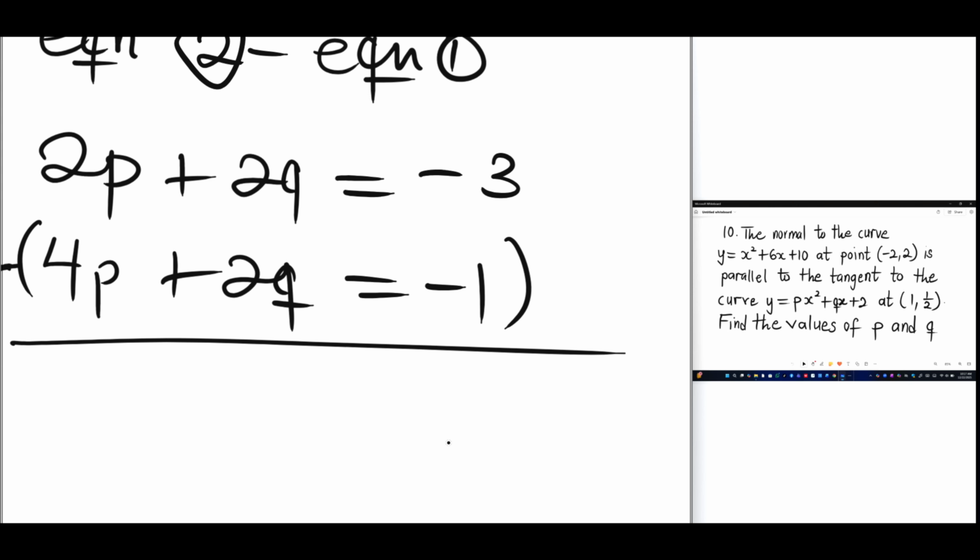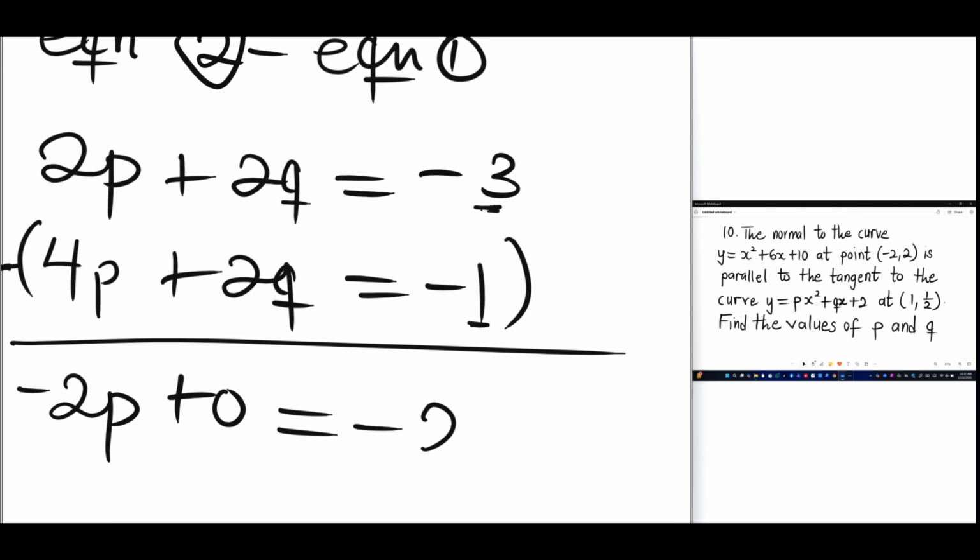So 2p minus 4p will give us negative 2p. Then 2q minus 2q gives us a result of 0. Then on this side, negative 3 minus negative 1 gives a result of negative 2, because negative 3 minus negative 1 becomes negative 3 plus 1.